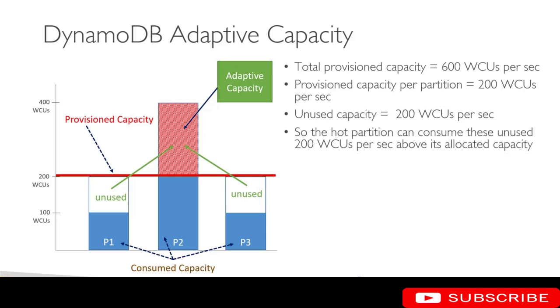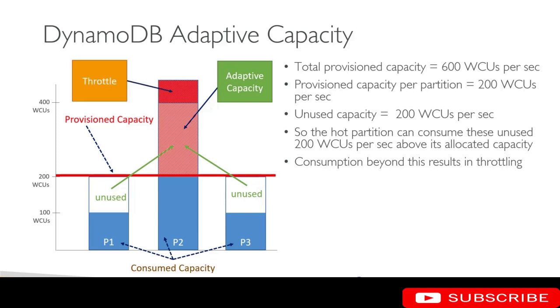But if the unused capacity runs out, then your application is going to result in throttling. So any consumption beyond this unused capacity is going to result in throttling. So what you see in dark red here, that's where your application is going to return throttling exceptions, provisioned capacity exceeded exception. And this is very useful for non-uniform workloads like the hot partitions.